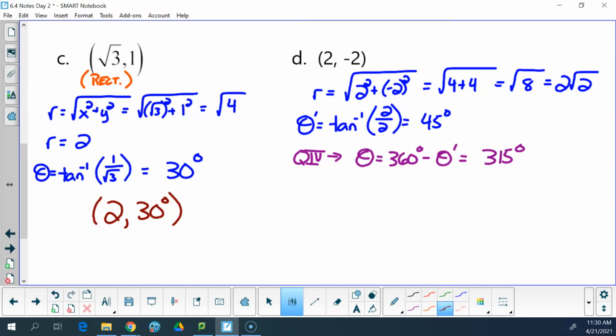For letter D, I get the radius is 2 square roots of 2, and the angle is 315 degrees. Yes? Questions, comments, concerns?